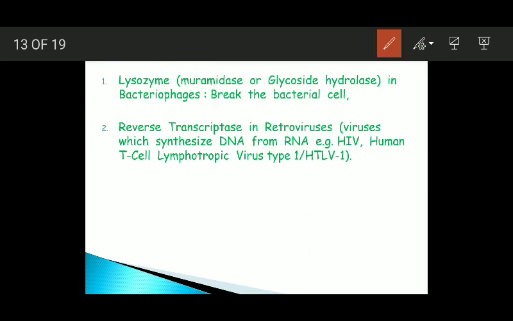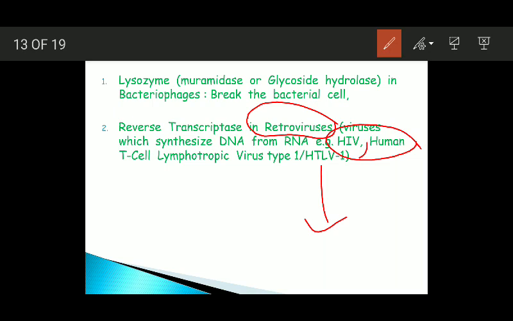The next type of enzyme that has been found in viruses is reverse transcriptase, and it has been found in some retroviruses like human immunodeficiency virus. It has also been found in human T cell lymphotropic virus type 1, which is abbreviated as HTLV1.